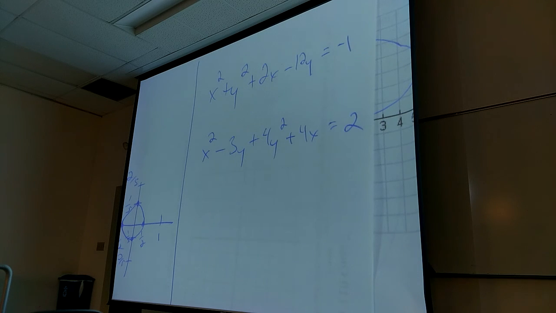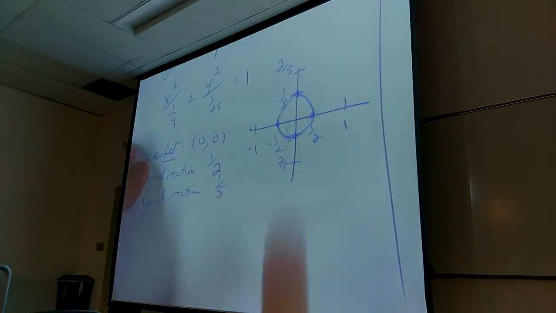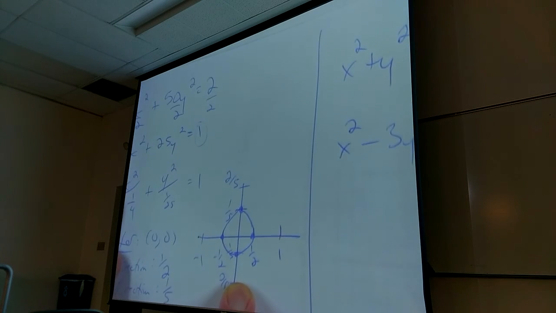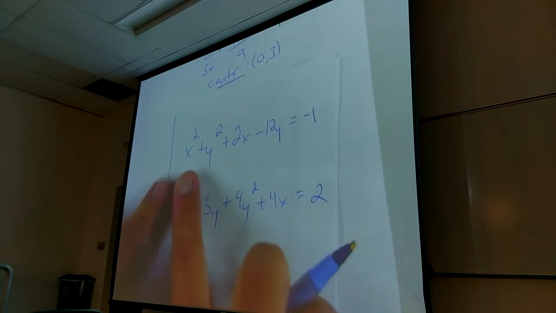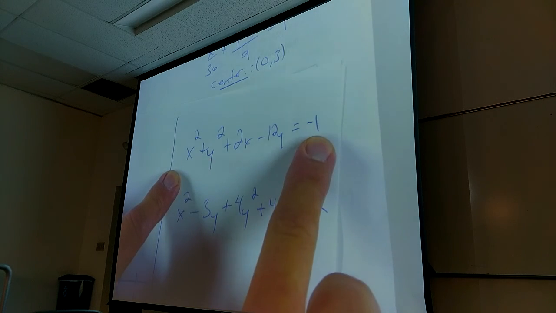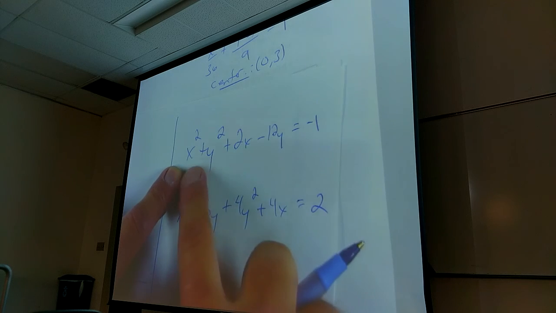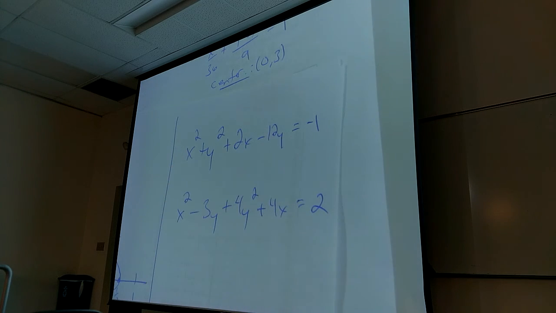If the coefficients of the x squared and y squared are different, you get an ellipse. So on the first one, are they different? This would be a circle because it's symmetric. The x and y directions both have the same coefficient. It's going to go the same amount out in each direction.